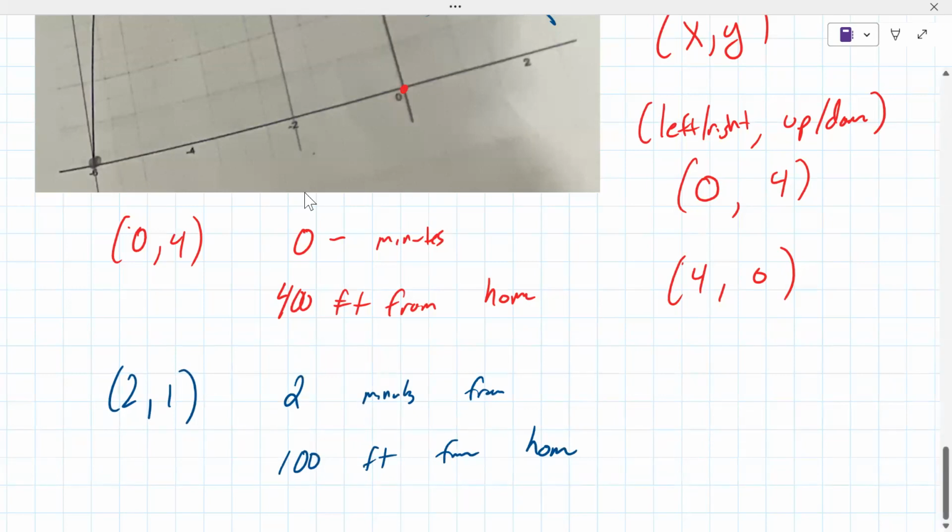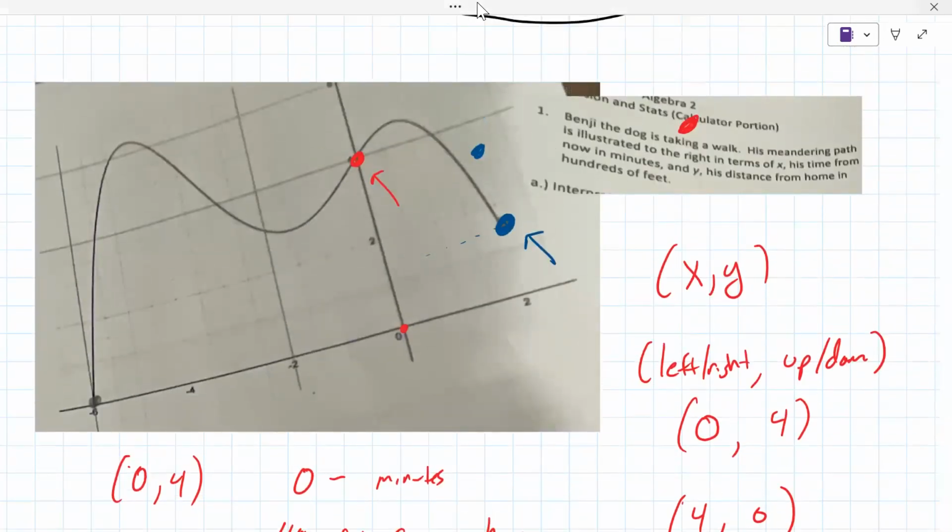Okay, so let's try one more. Let's look at this green point here. We'll say it's 1, 3-ish.